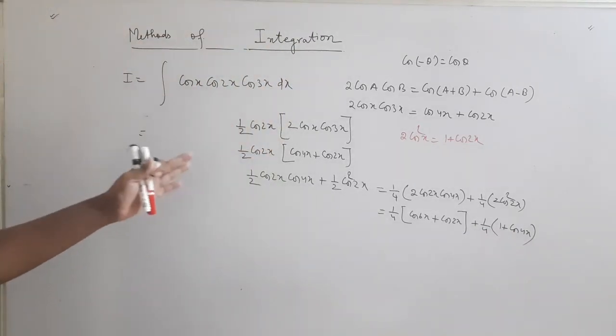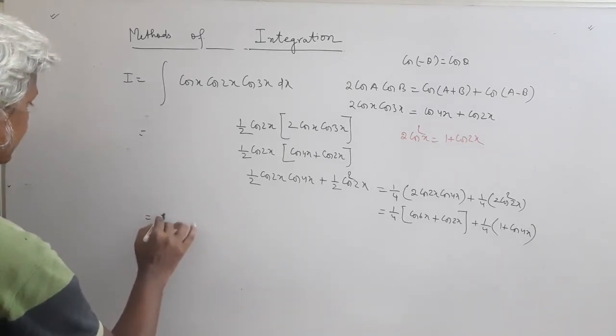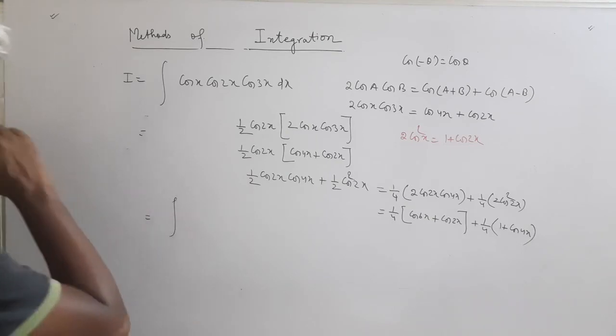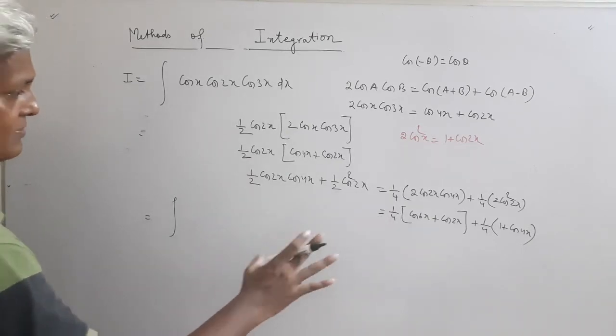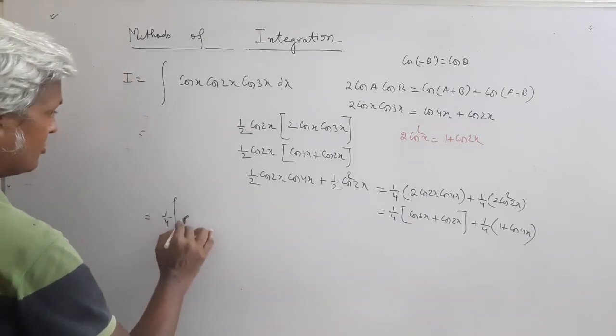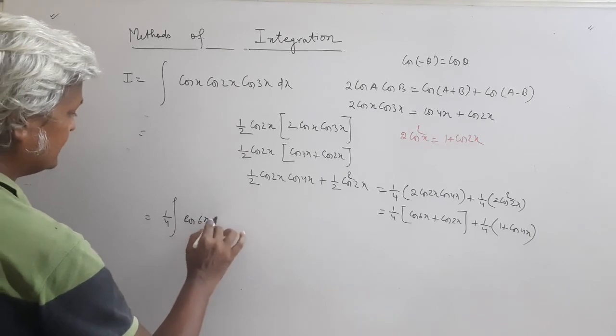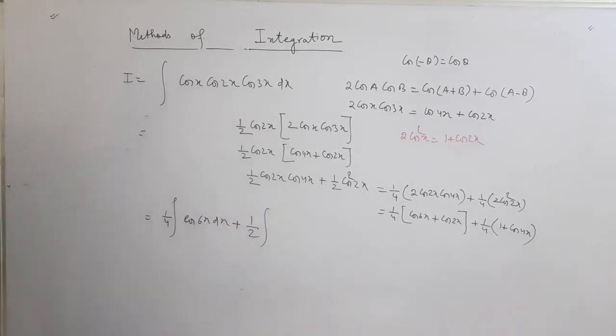I want to clear this part of the screen so that I can write here. So I write the integration of this part. To save some time, I write 1 by 4 cos 6x dx. I think it is clear to everyone, you can see properly.